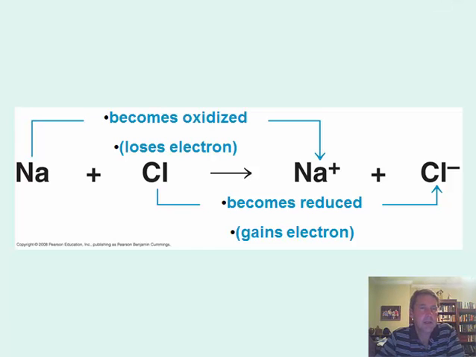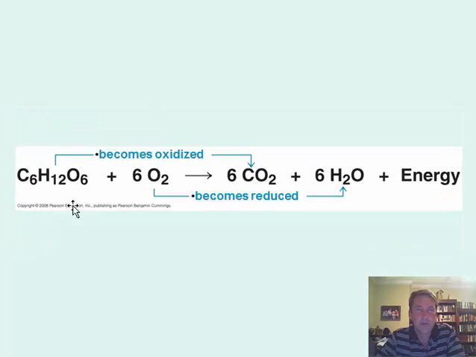Let's look at just the overview of cellular respiration here. We start with our fuel molecule here. We have our carbohydrate, and it is oxidized, and we have our oxygen here, and it is reduced. So the oxygen is going to gain electrons in the form of hydrogen, and those are the main hydrogen carriers.